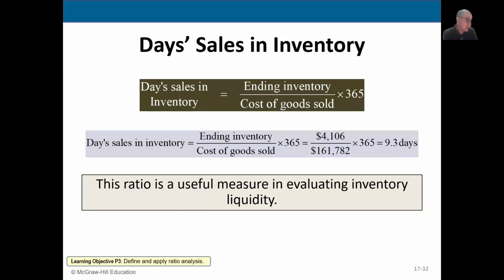How long it takes for you to sell through your inventory. How many days it's sitting on the shelf. This is really good for planning purchases when the company is purchasing additional inventory. Knowing that number is really important. Otherwise, you might run out of stock. You don't want that to happen.